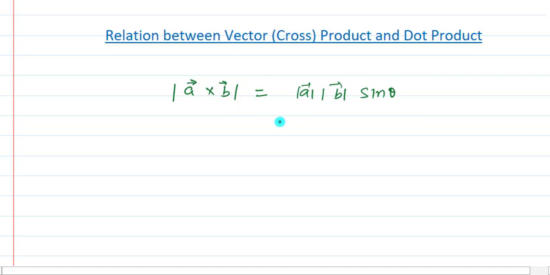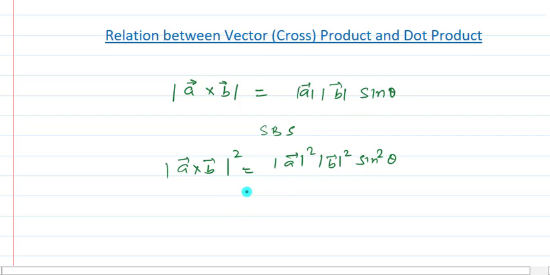Let us apply squaring on both sides. We get modulus of vector A cross vector B whole square equal to modulus vector A square, modulus vector B square, sine square theta. Now this sine square theta can be written as 1 minus cos square theta. So let us write it as modulus A square modulus B square into 1 minus cos square theta.